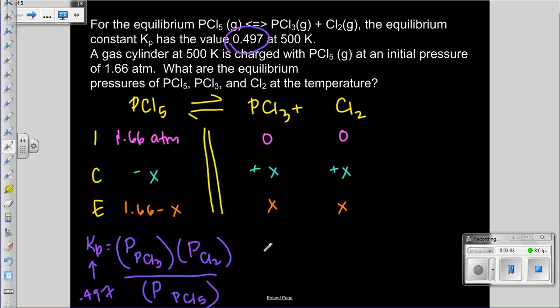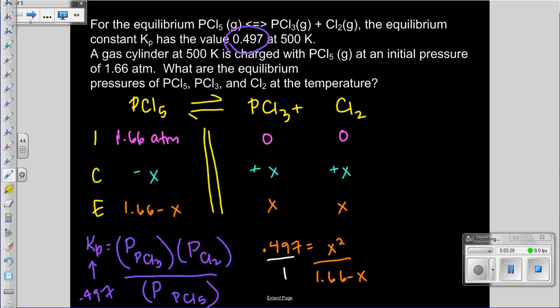So 0.497 equals PCl3 and Cl2 are both X's, so that's the same as X squared, divided by 1.66 minus X. Now, to solve, it's like that 0.497 is over 1, so I am cross-multiplying.